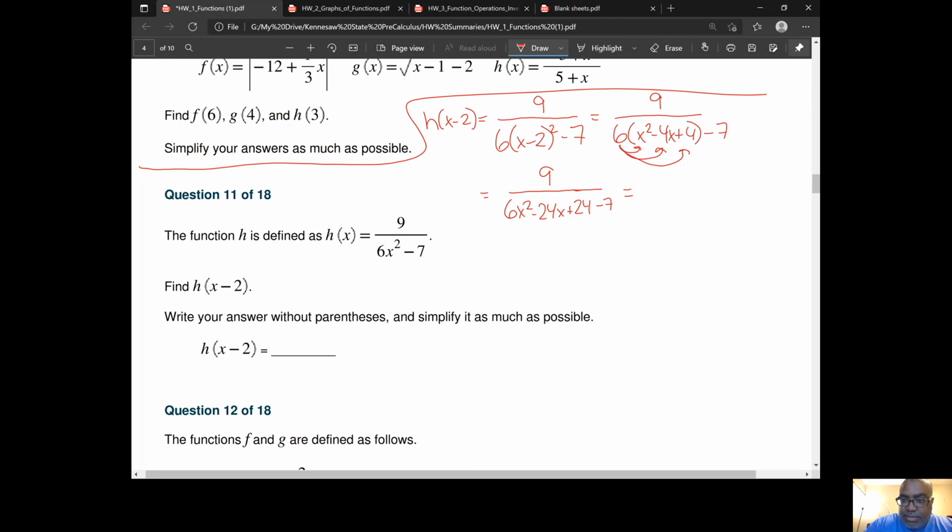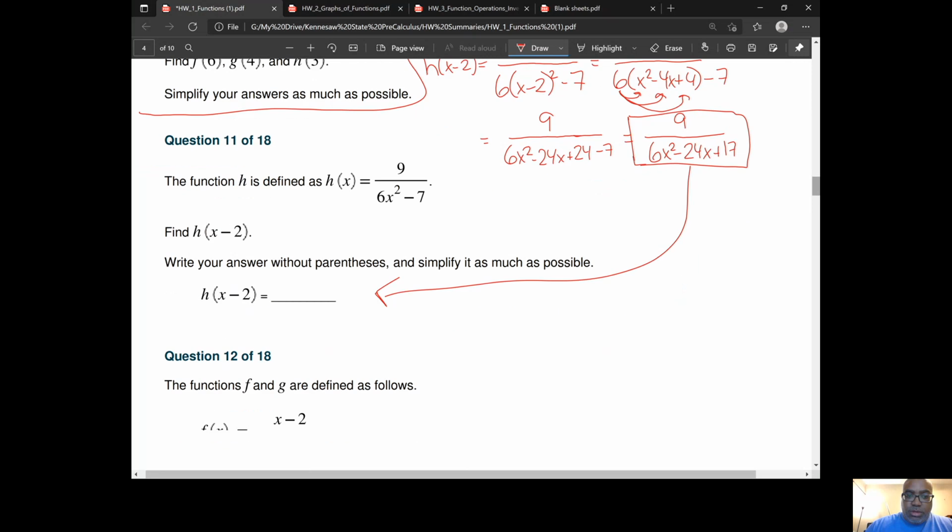So that is 9 over 6x squared minus 24x plus 17. I want you to note that when we're doing these problems, we're not trying to manufacture a solution and make it be anything other than what it is. We're just going at it kind of open, and then we see what we get.